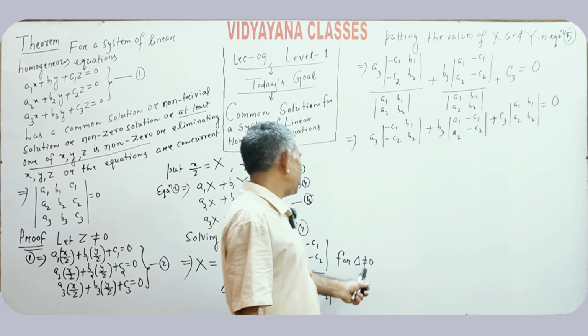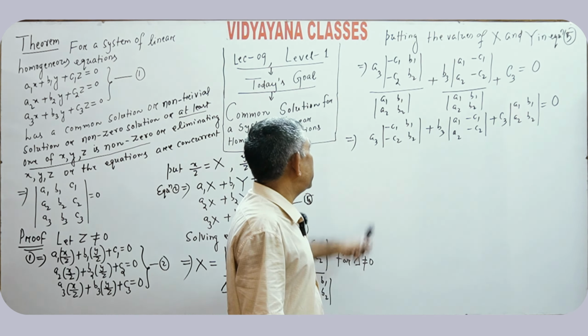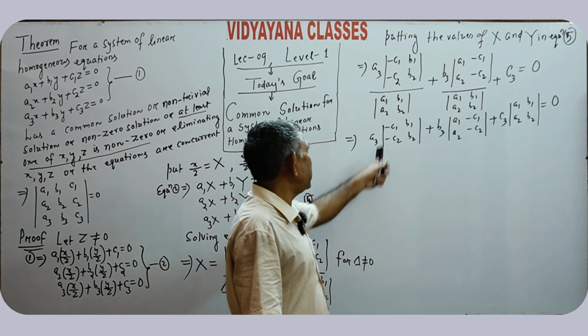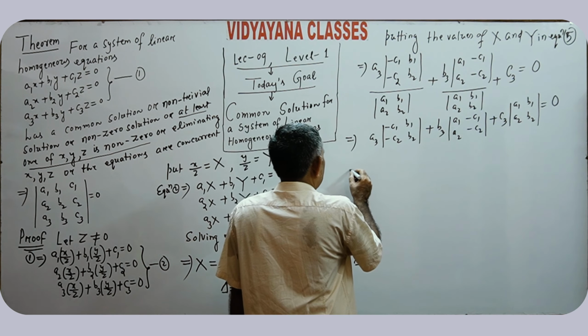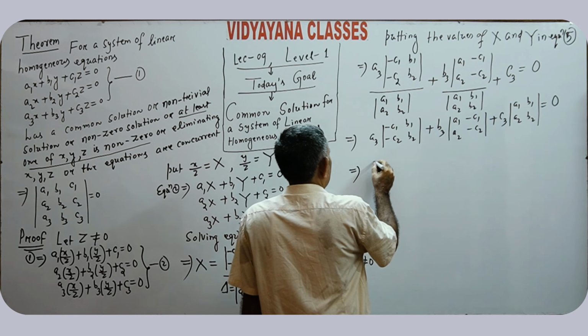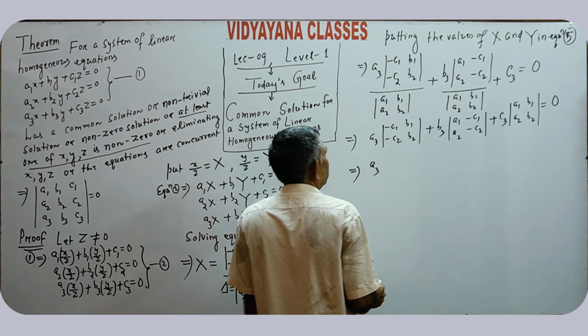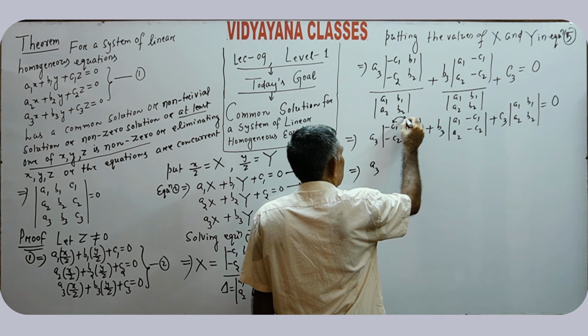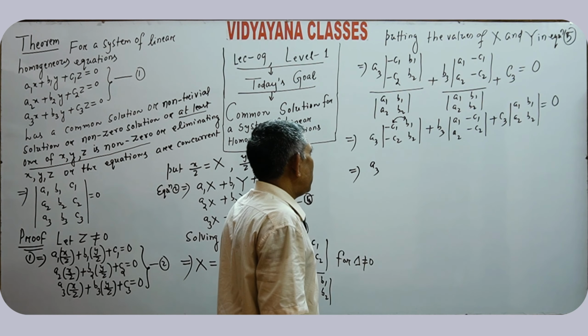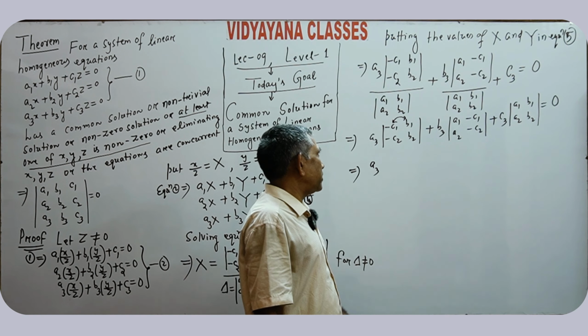Multiplying del, which is not equal to 0. Del means the determinant having elements A1 A2 B1 B2, which implies A3 into the determinant. Interchanging column 1 and column 2 we get a minus.